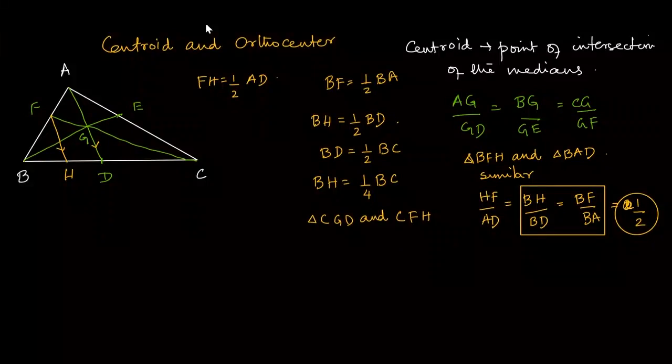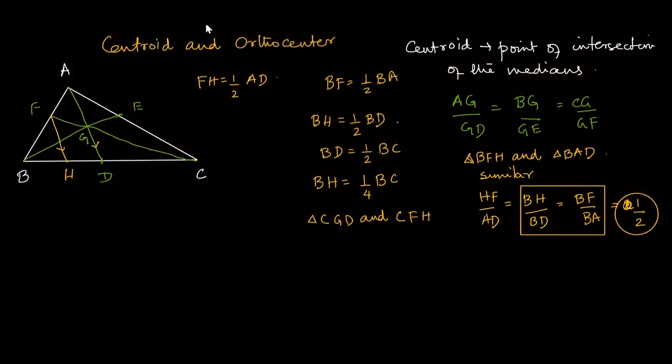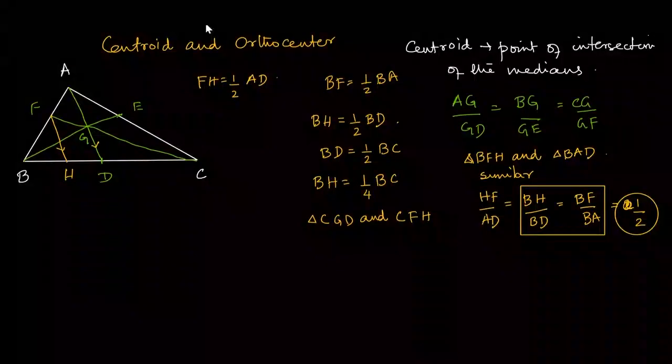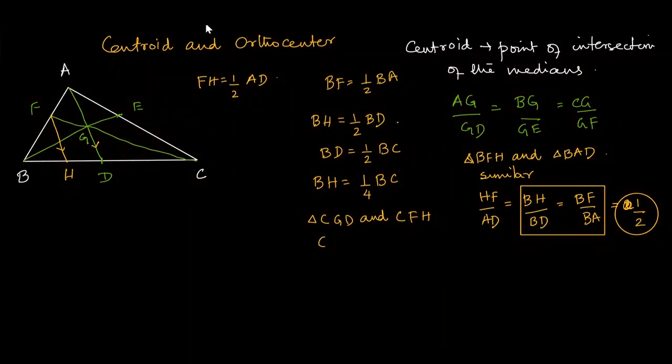So what can we write? CG upon GF, that is CG upon CF, is equal to CD upon CH is equal to DG upon HF.